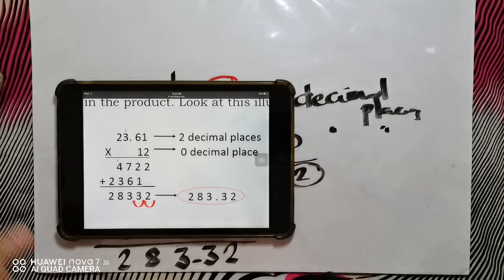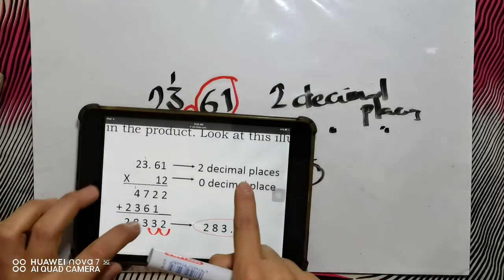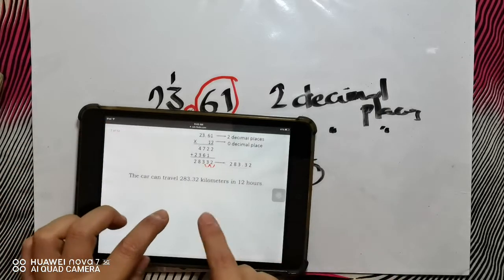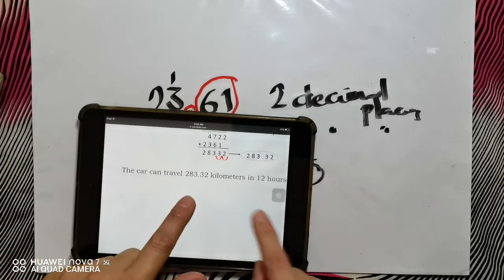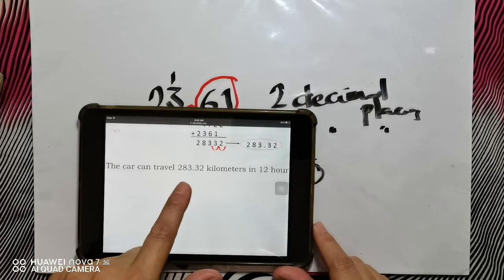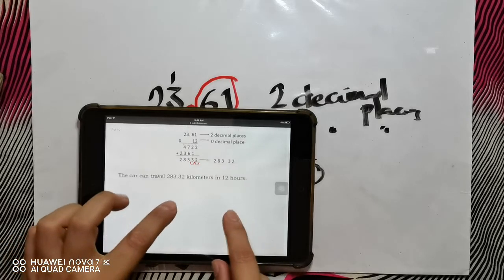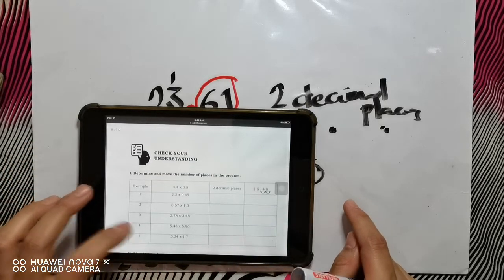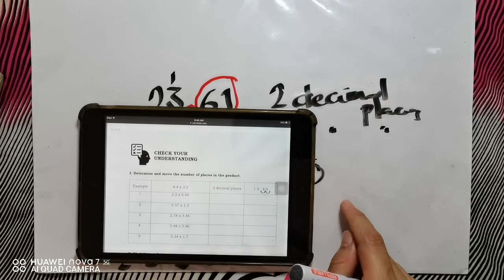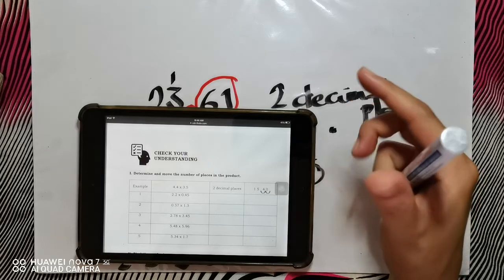Okay? So, that is the example. So, to answer the problem, the car can travel 283 and 32 hundredths kilometers in 12 hours. So, yan yung ating parang sagot sa word problem.